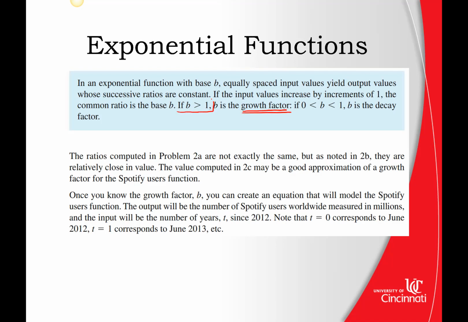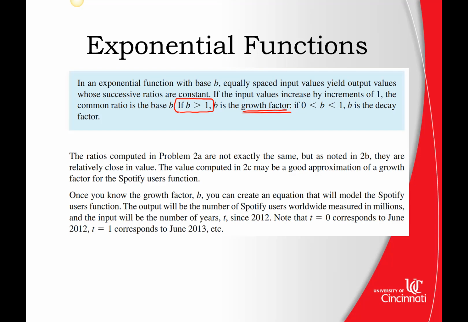It's the B value, and it's bigger than 1, isn't it? So it's going to be a growth factor in this case. And is it going to be a perfect growth factor? The answer is no. It's just going to sort of kind of match it. But when you're working with real data, you just kind of sort of do the best you can do.